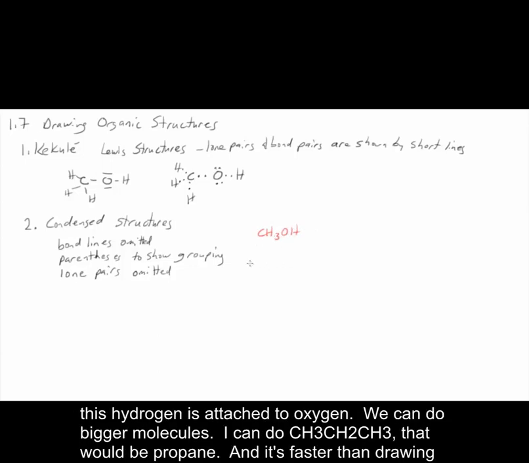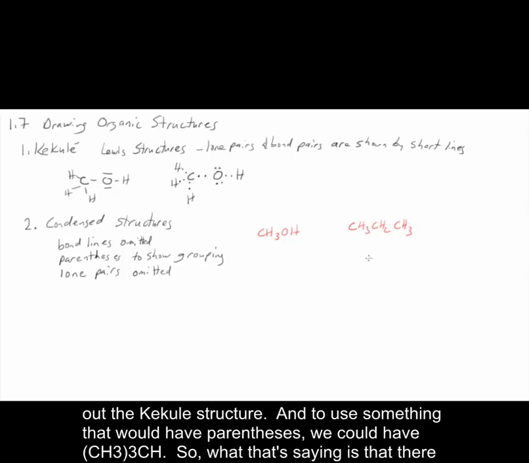We can do bigger molecules. I can do CH3CH2CH3. That would be propane. And it's faster than drawing out the Kekule structure. And to use something that would have parentheses, we could have CH3, 3CH.